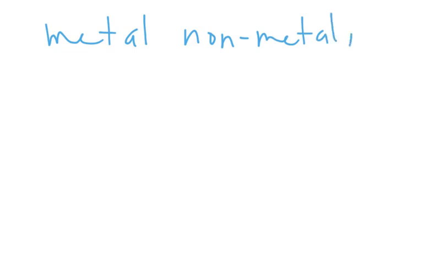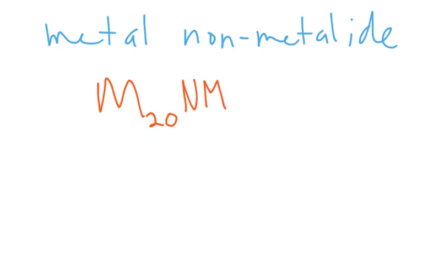Anytime you see a common factor other than 1 in the subscripts for type 1 or type 2 compounds, you need to divide and simplify those subscripts. So for example, let's say that we had a compound and its name was metal nonmetallide, and let's say that we find out that the formula is M20NM10.